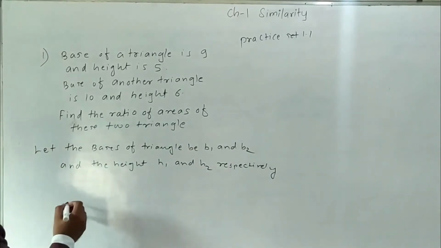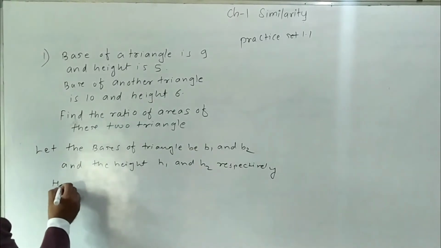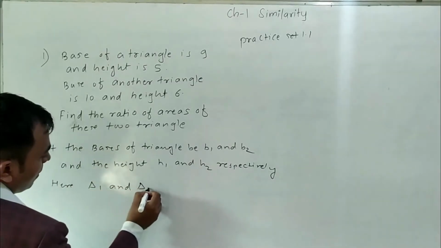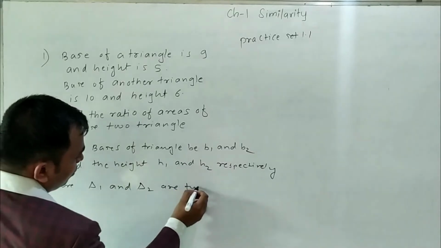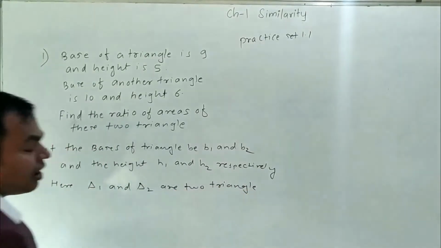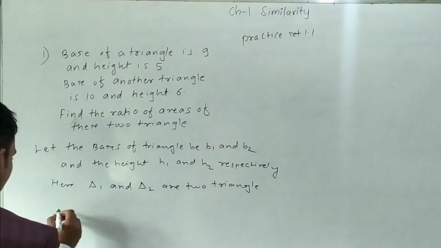So here delta 1 and delta 2 are two triangles. What we have to find out? Ratio of area of two triangles.